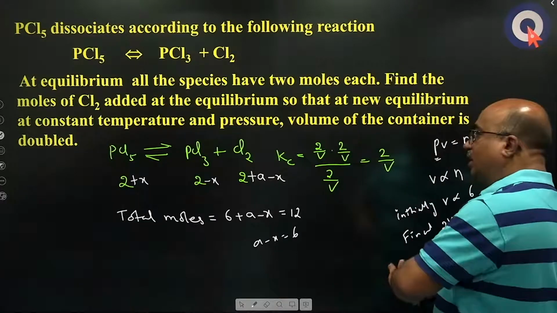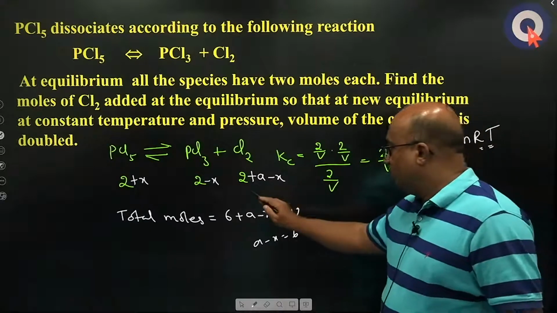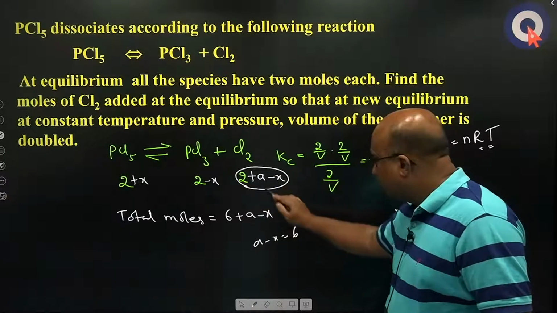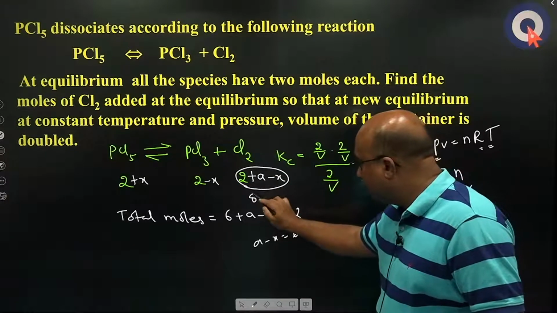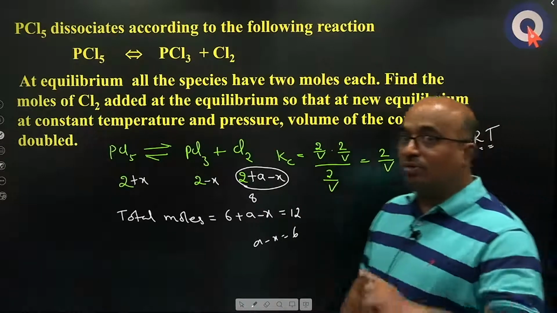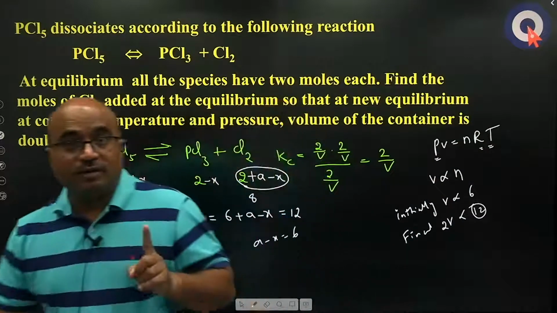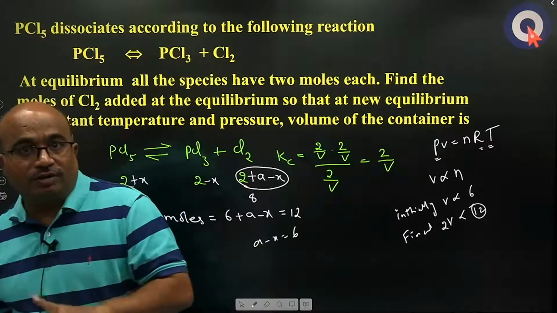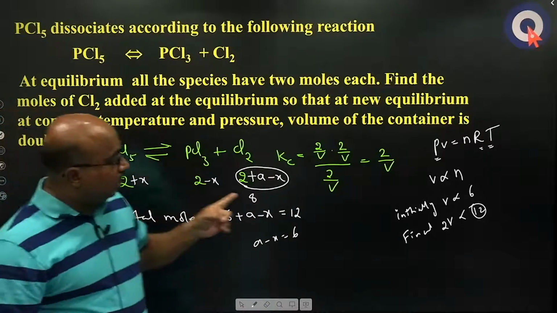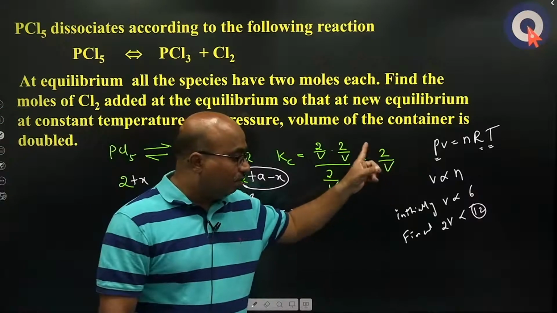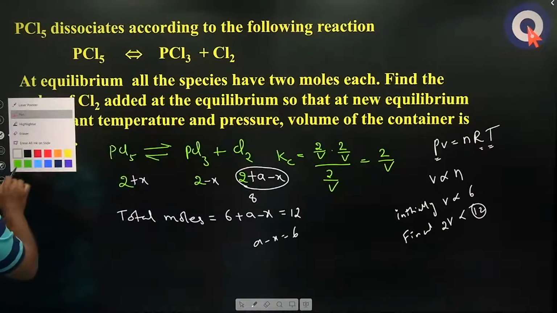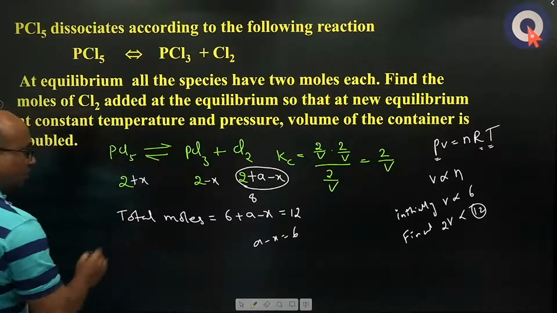So we already say this is totally A minus X. You write here 6, so this becomes 8. Now we can determine it, as there will be only one variable, X, because it is 2 minus X, and this is 2 plus X. Kc values are known, 2 by V. So at this point, what is the concentration of this?